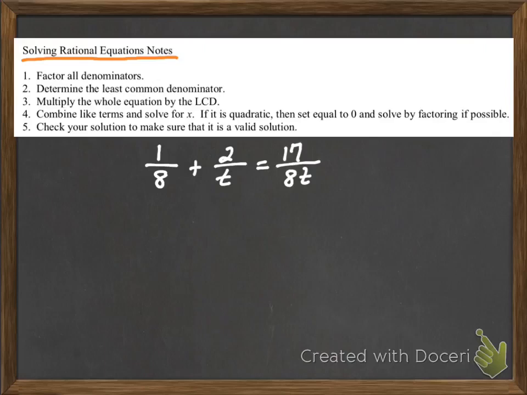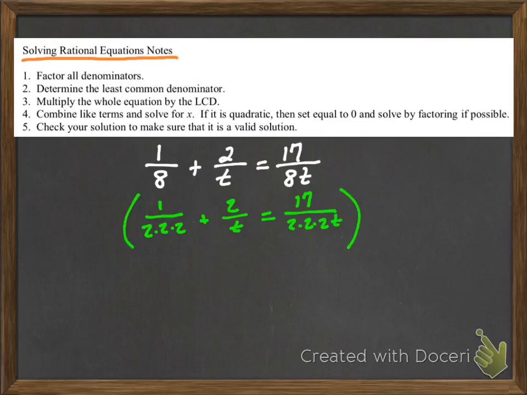All right, so the 8, we can factor that down to 2 times 2 times 2. The second one doesn't factor, it's simplified as far as it goes. And then we have 2 times 2 times 2 times t.